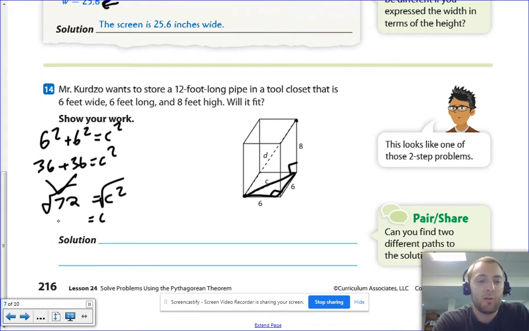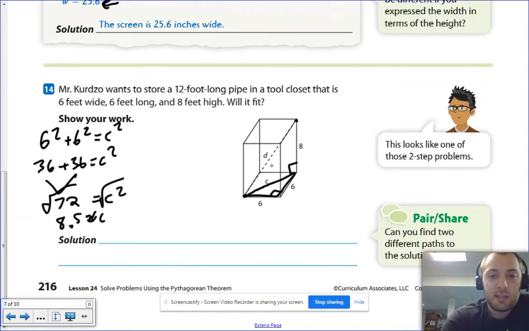It's not perfect, so we're going to do approximately equal to 8.5. We'll leave it at 8.5.